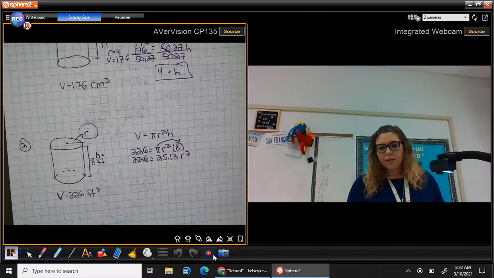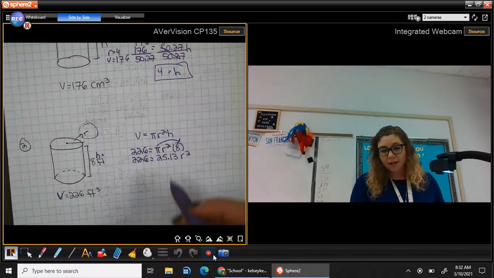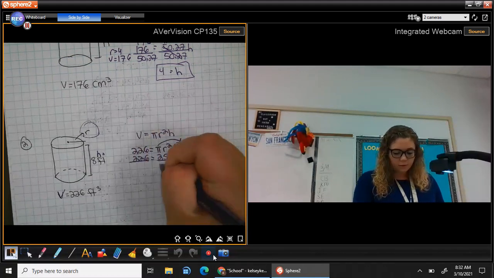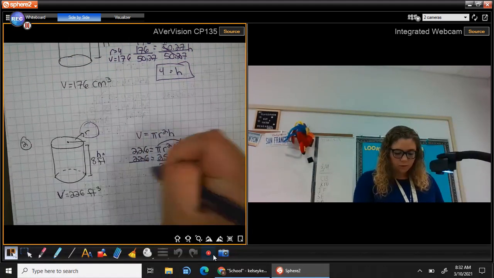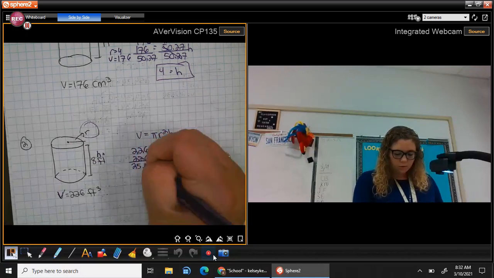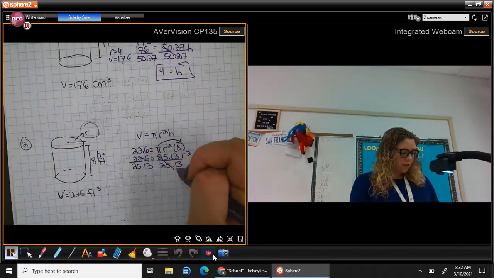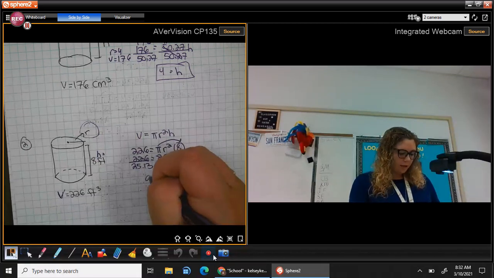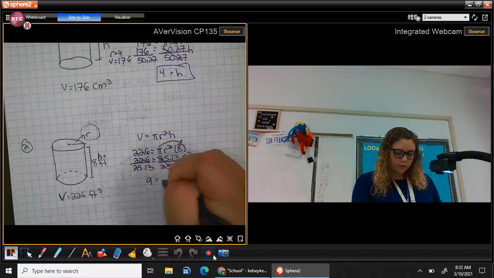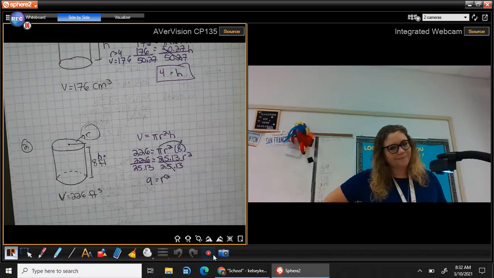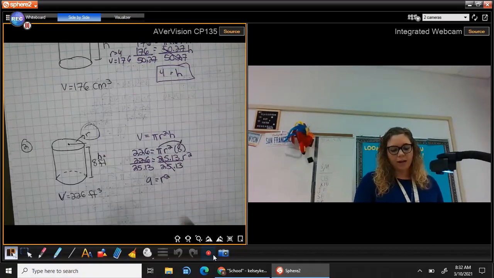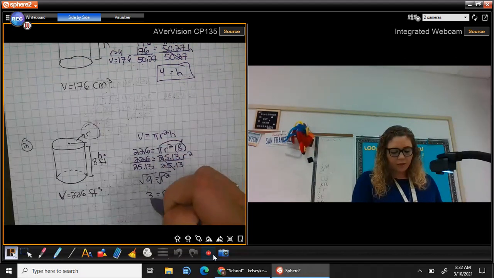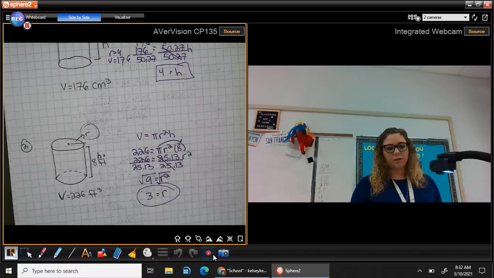And now we're always going to divide by that coefficient right here because we want to get r by itself. 226 divided by 25.13 is going to give me about 9 equals r squared. Am I done? To get rid of that square, I have to square root both sides. Square root of 9 is 3, so my radius is 3.